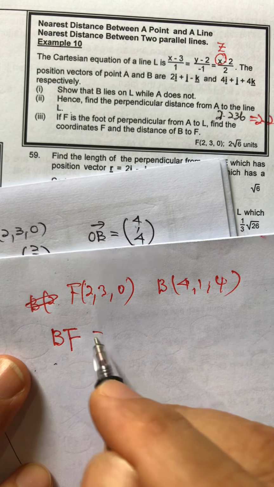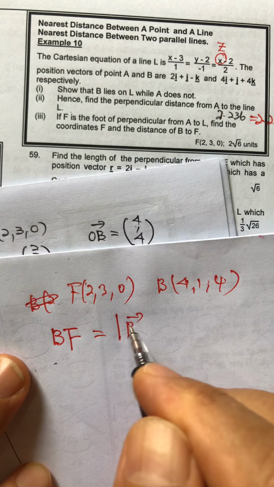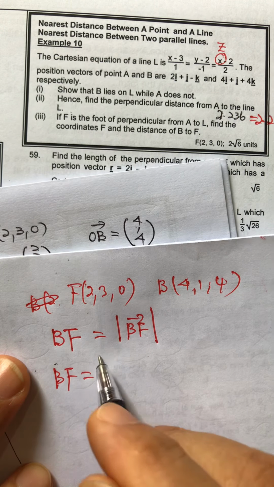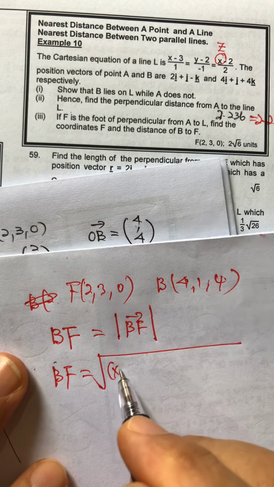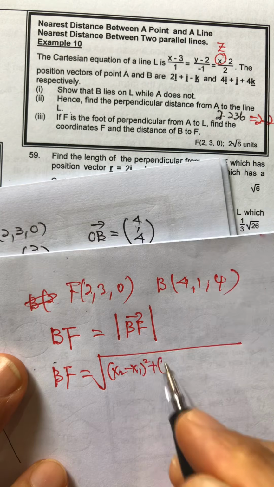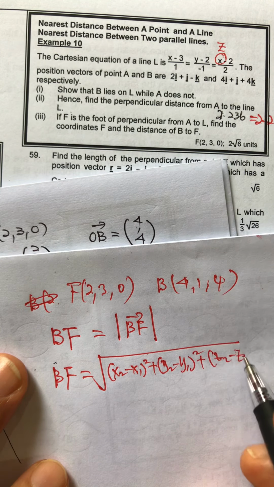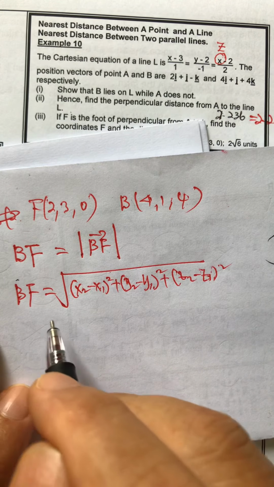Either we use the vector magnitude, or you can use this way: the square root of (x2 minus x1) squared plus (y2 minus y1) squared plus (z2 minus z1) squared. You can use either one.